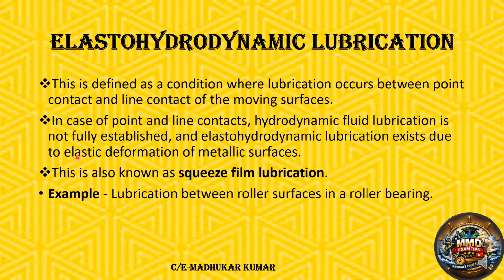So please note this down: elastic deformation of the metallic surface happens, and that's why this is called elasto-hydrodynamic lubrication. This is also known as squeeze film lubrication. What is the example? Lubrication between the rolling surfaces in a roller bearing.